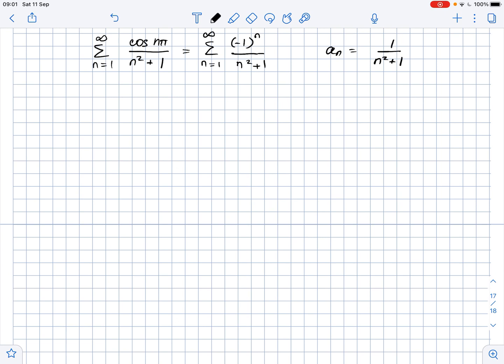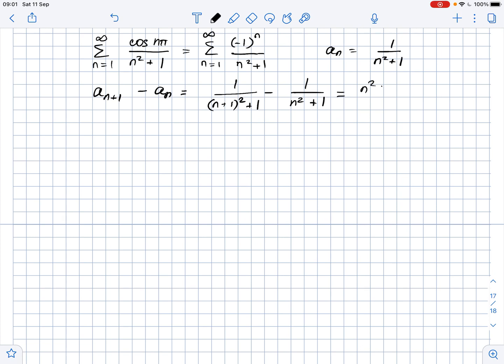So since this is an alternating series, we can use the alternating series test here. First we need to find a_{n+1} minus a_n. So this is 1 over n squared plus 1 minus, this is 1 over (n+1) squared plus 1 minus 1 over n squared plus 1.